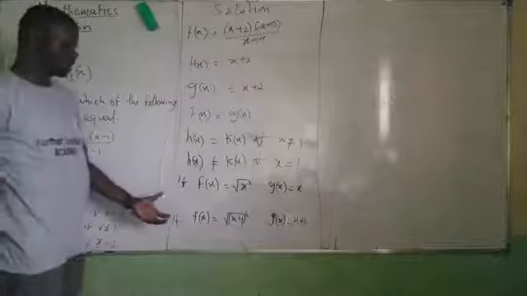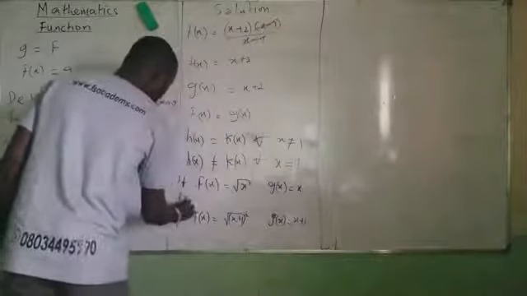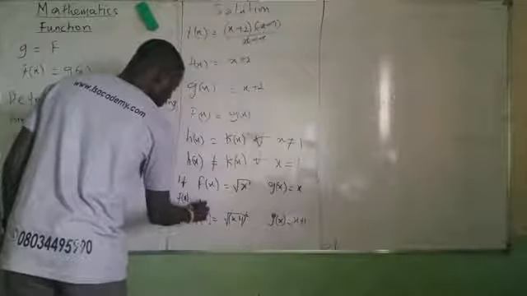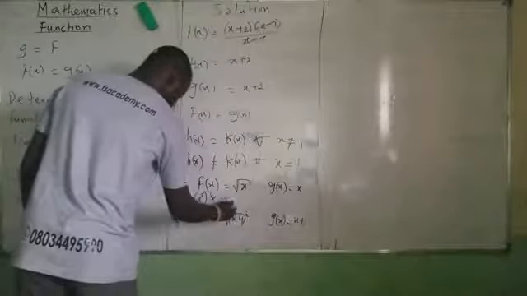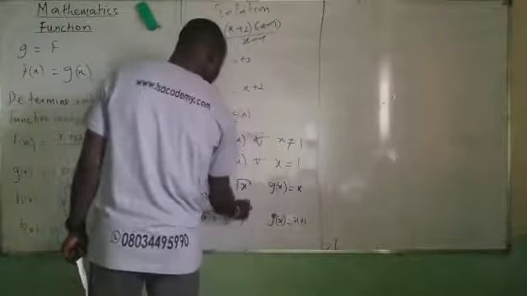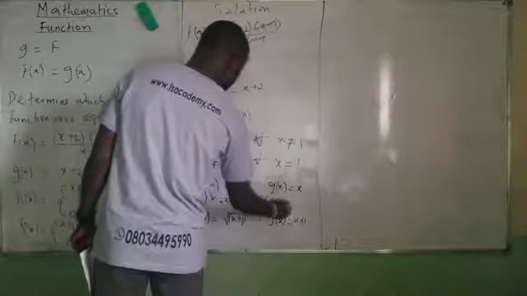Now look at this. At any given time, it is equal, because I can express f of x as (x squared) raised to 1 over 2. This will cancel, which is equal to what? x. It means g of x equals f of x equals x.